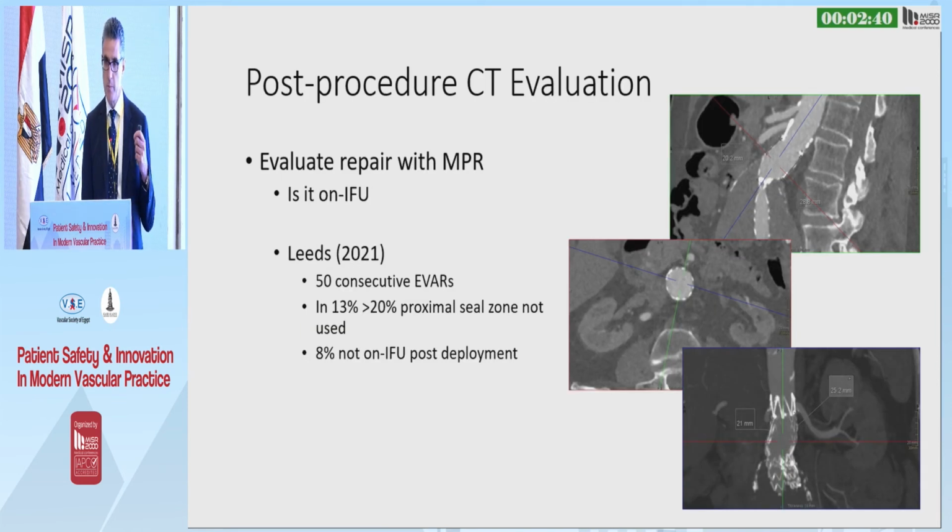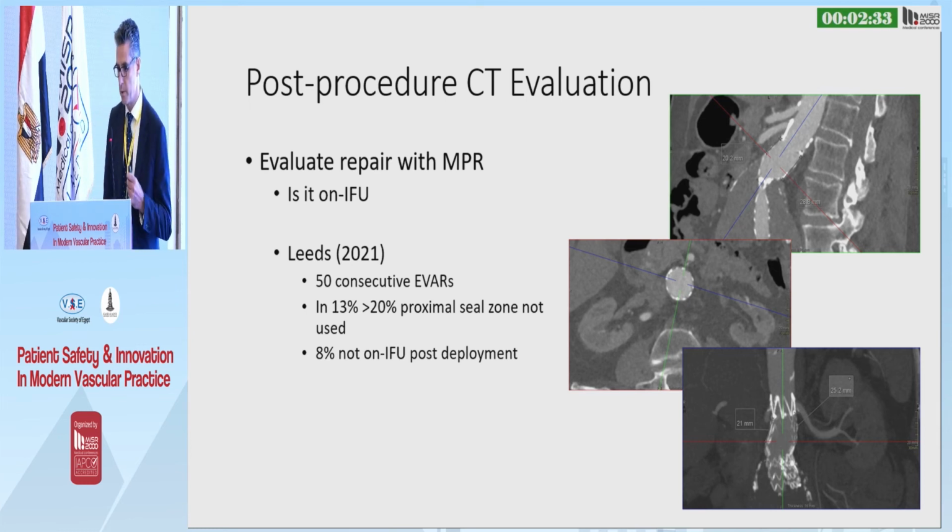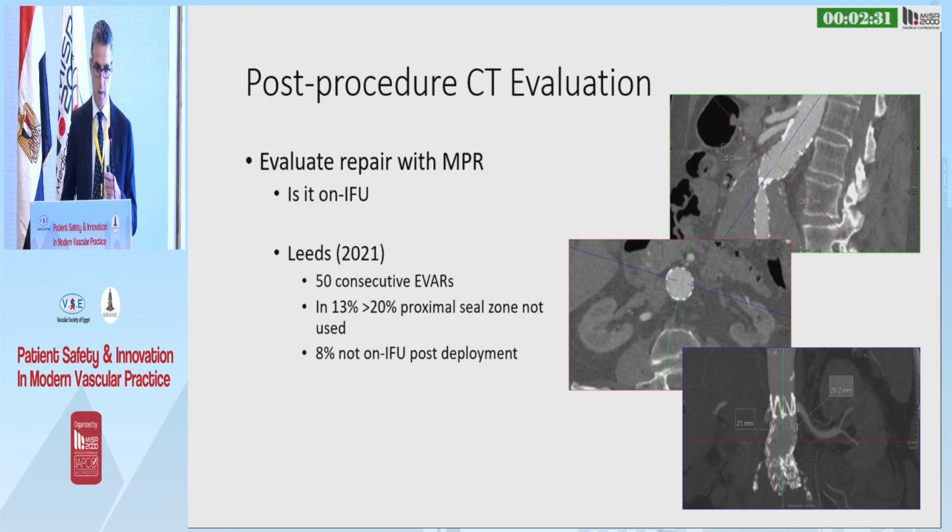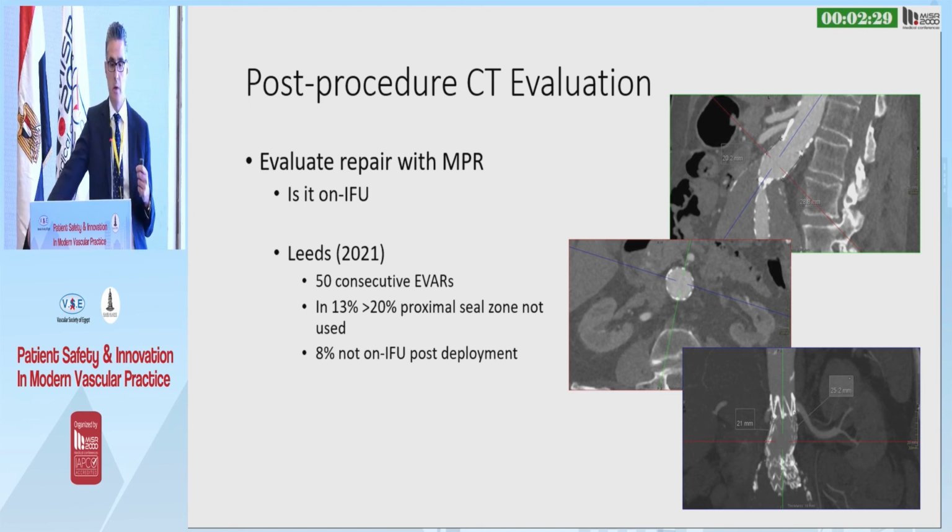I think when you're doing post-procedure CT evaluation, it's very important to still use multiplanar reformat analysis, because a year or 2 years ago, I asked a medical student to look at 50 consecutive elective EVARs done who were all on IFU preoperatively.